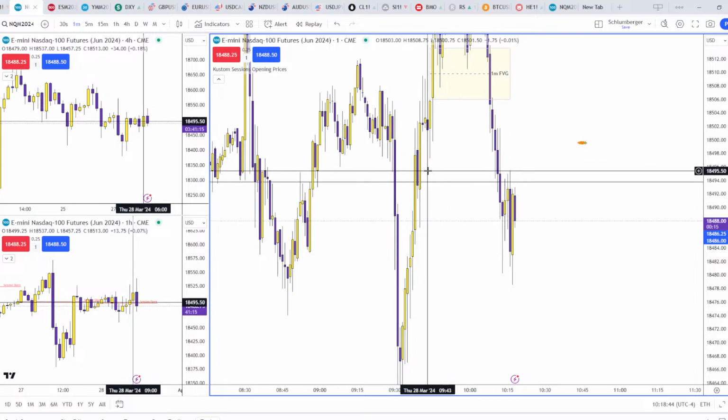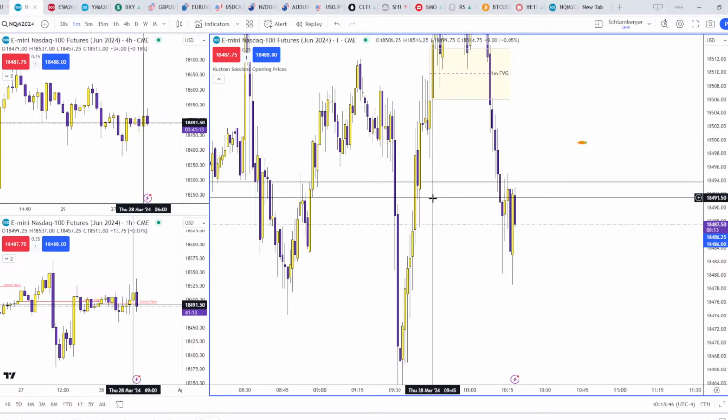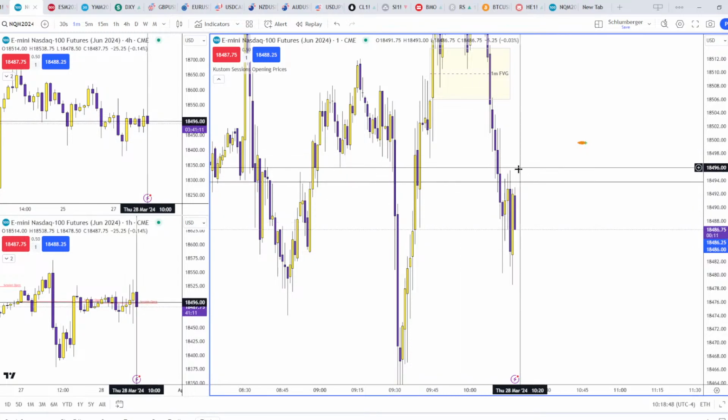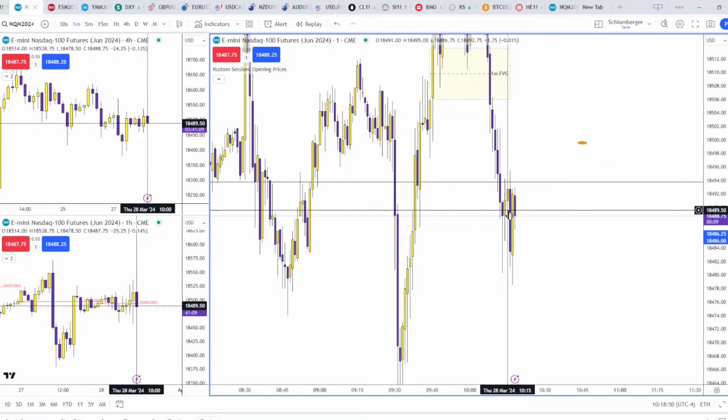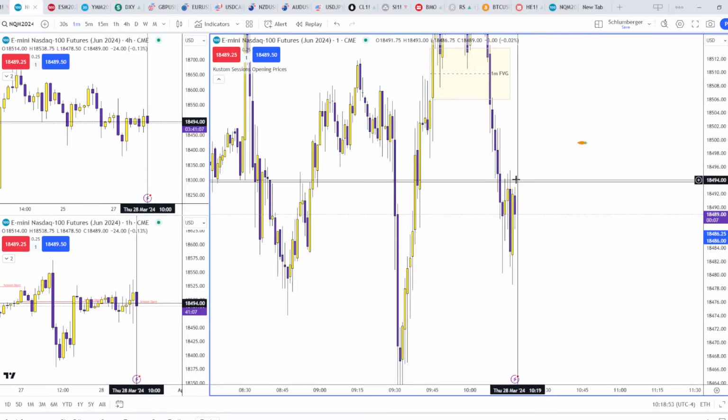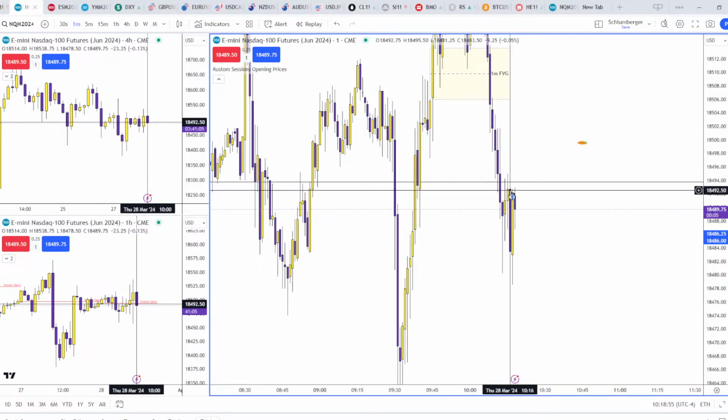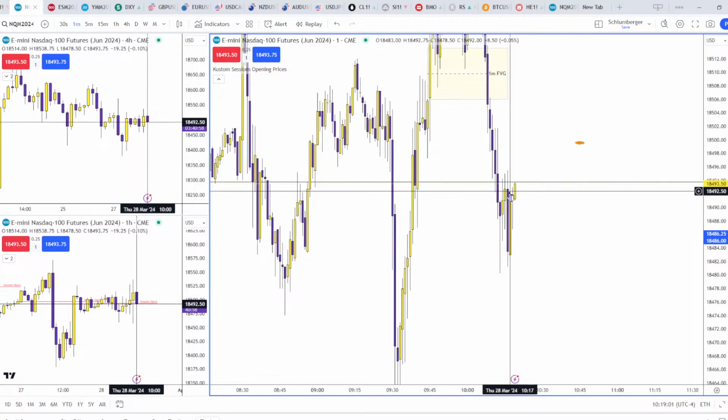Maybe I could give myself the mean threshold of this candle as the support level to continue going down. I give it a little bit of wiggle room, and that's all your decision based on that little piece right there. That candle's open. That wiggle room will be your deciding factor.